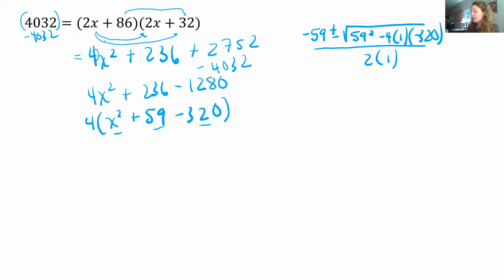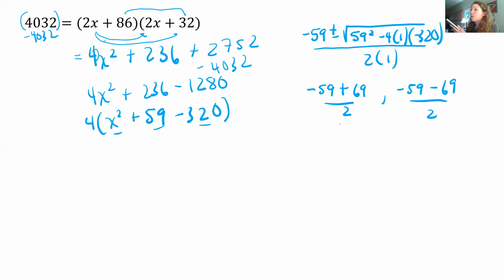That is a perfect square. The square root of 4,761 is 69. So we would have negative 59 plus 69 divided by 2, and negative 59 minus 69 divided by 2.